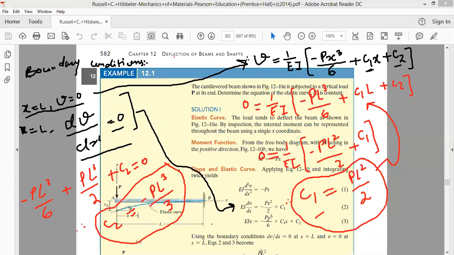Substitute the value of C1 and C2 in this equation to obtain the final equation.